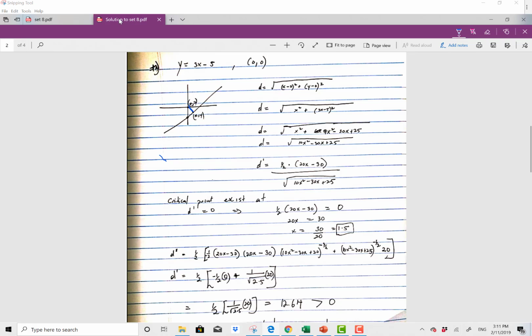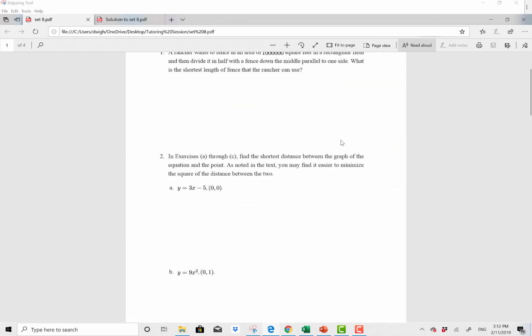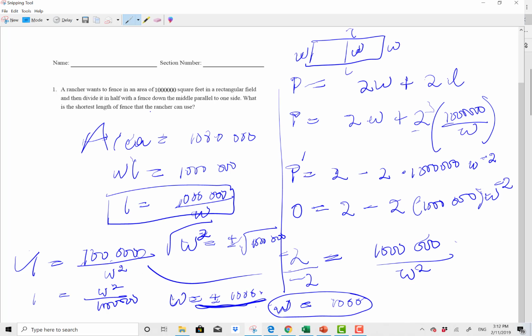So I know that the distance formula, if I review, is equal to the square root of x2 minus x1 squared plus y2 minus y1 squared. I know that's the formula. It's a little hard to see, so let me write it a bit bigger. Let me flip back to this case right here.